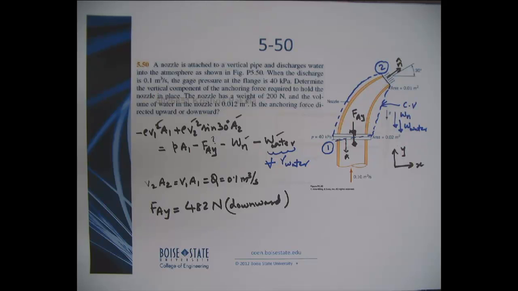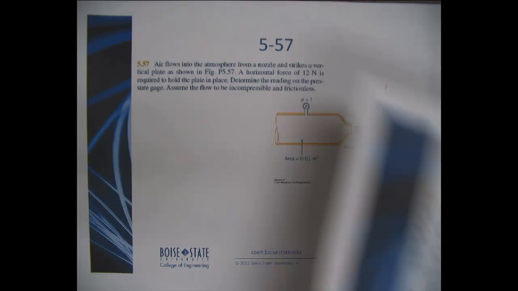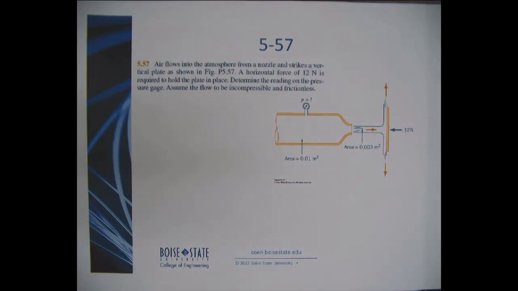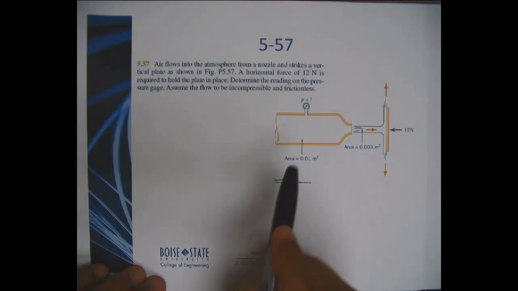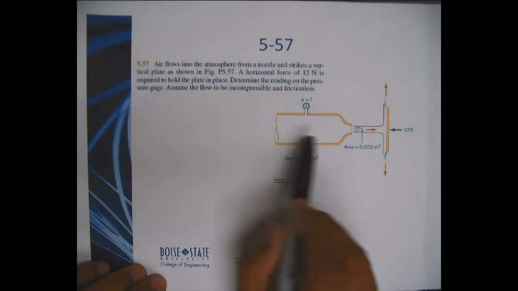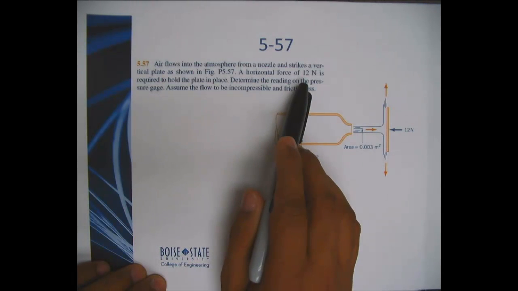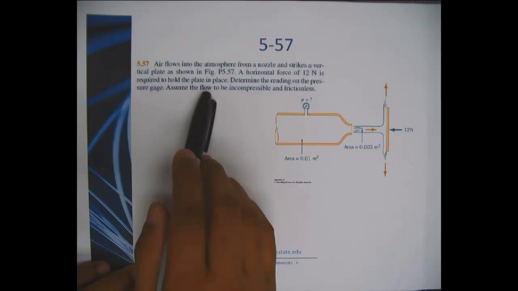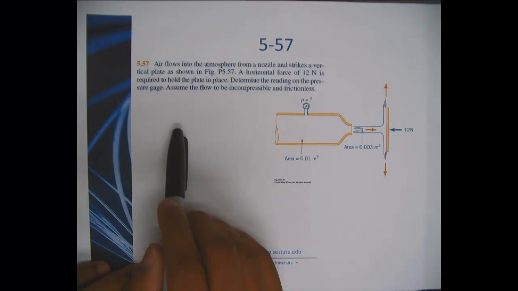Okay, let's look at one last problem for the topics we covered till now. So air flows into atmosphere from a nozzle and strikes a vertical plate as shown in this figure. Okay. The horizontal force of 12 newtons is required to hold this plate in place.